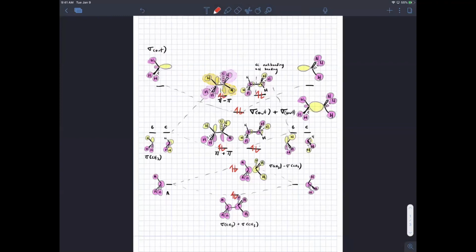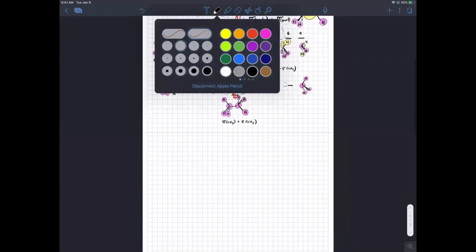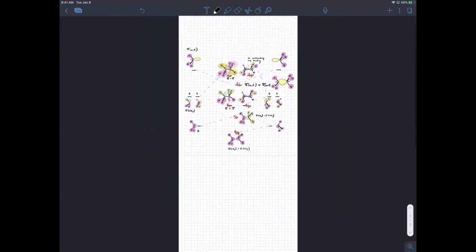Those of you that took my 351 class recall that we used to draw energy diagrams for things with lots of carbon-hydrogen bonds, and we basically said there was a non-bonding line here, and we had all of the carbon-hydrogen and carbon-carbon sigma bonds there, and all of the carbon-carbon and carbon-hydrogen sigma stars up there.